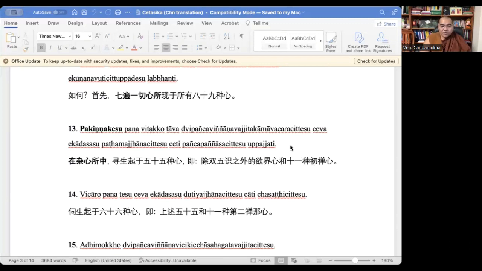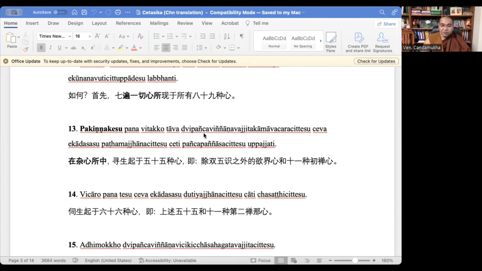In the case of Vitakka, the 66 Cittas do not associate with Vitakka. What are they? Dvipancavinnana, the 10 consciousnesses that arise in pairs, 5 pairs of consciousnesses. There Vitakka does not associate. Also second jhana 11, third jhana 11, fourth jhana 11, fifth jhana 23. In these Cittas Vitakka does not associate.